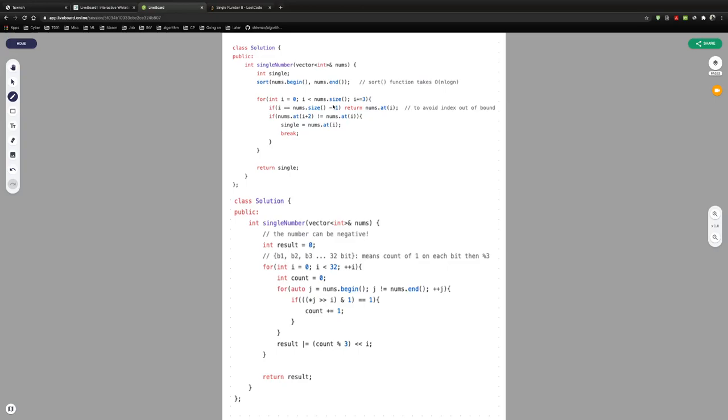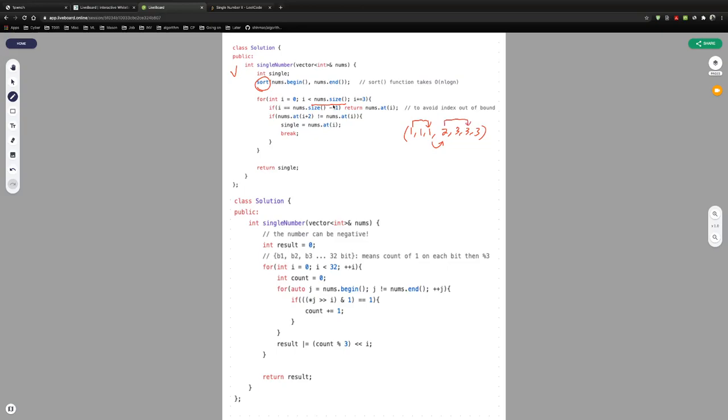So this is our first solution, right? I will sort here first to make the same numbers stay in a group, and then I just need to iterate the nums, and each time when I already make sure that this is a group, then I can go to the next index and check again.